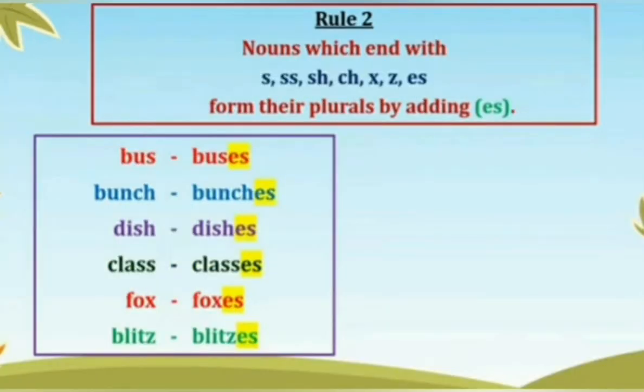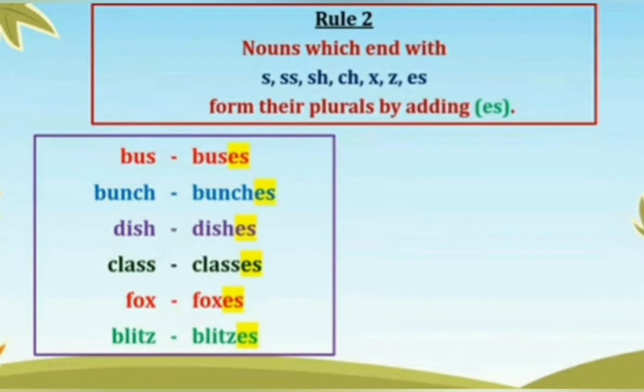Now rule number 2. Nouns which end with s, double s, sh, ch, x, z, or es. To form their plural, we add es with these singular nouns. Examples: bus.